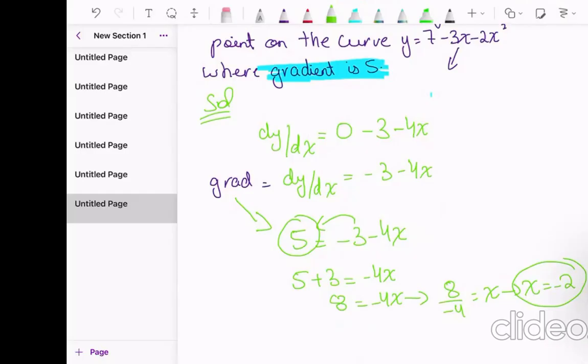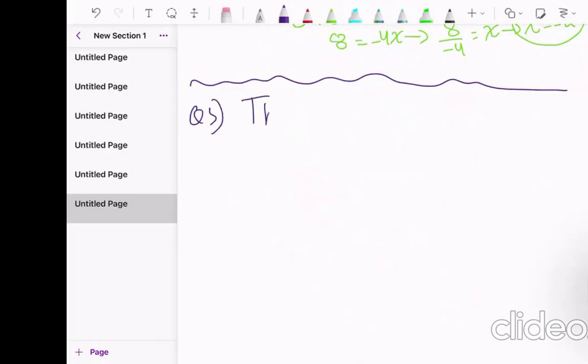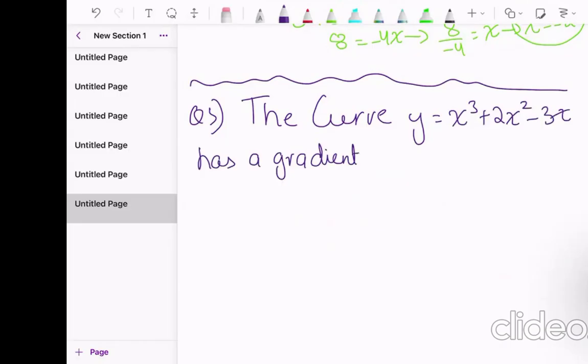Now we will try one more part. The curve y is equal to x cubed plus... It has again the same type of question, just a little bit of difference. A gradient of 4.